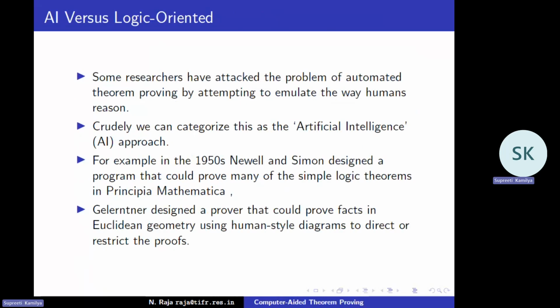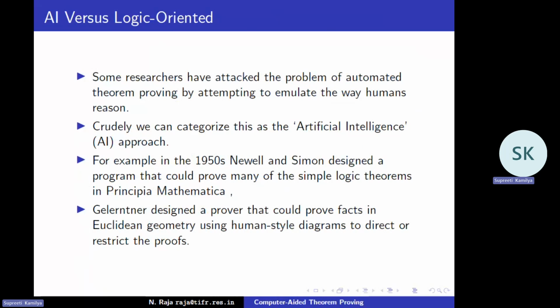Some people have tried to look at automated theorem proving by trying to emulate the way humans reason. You look at how human beings work, how they prove theorems, and try to do the same thing with a machine. You can call this the AI approach.